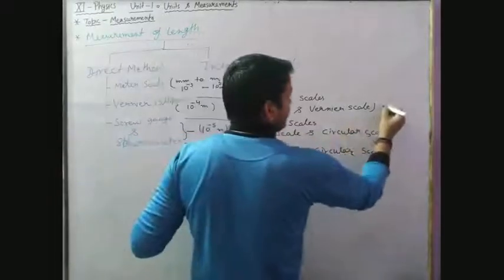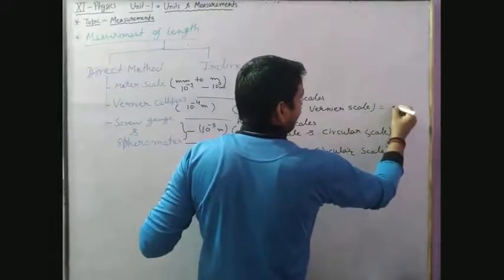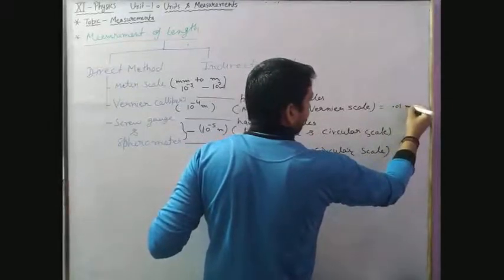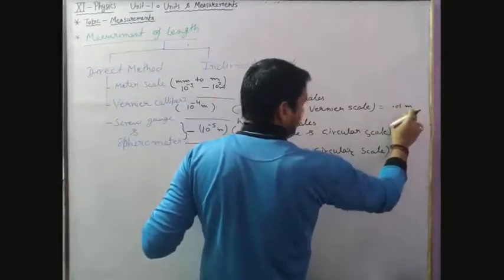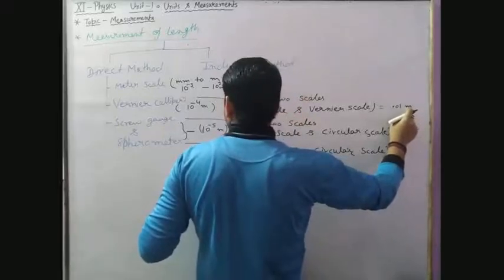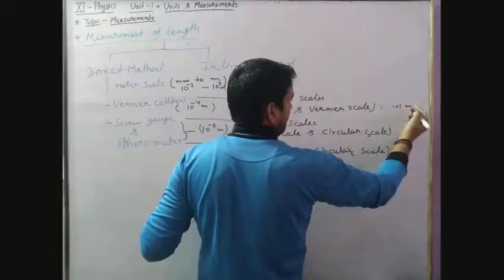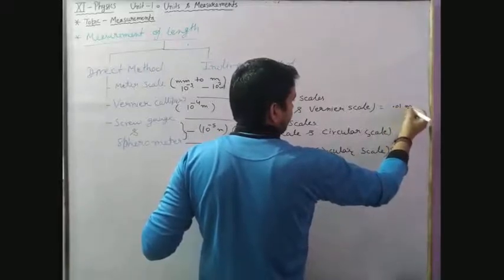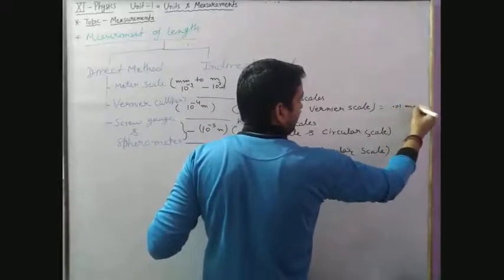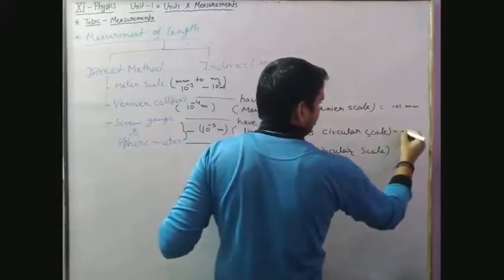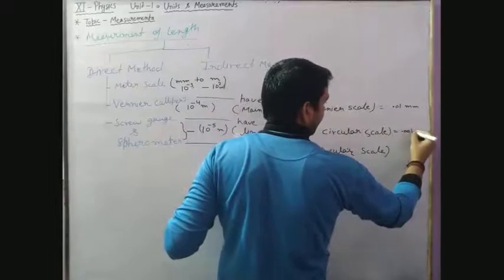Now the least count is 0.01 mm for the vernier caliper, and for the screw gauge 0.001 mm.